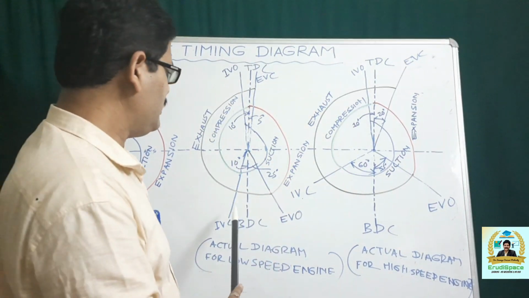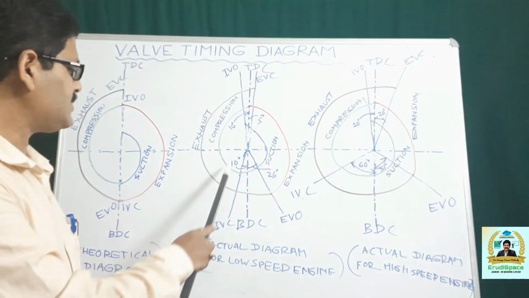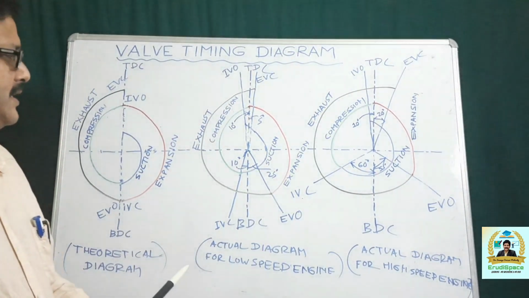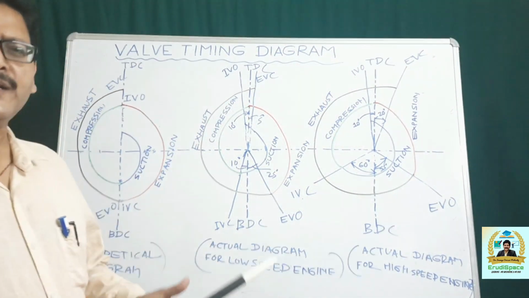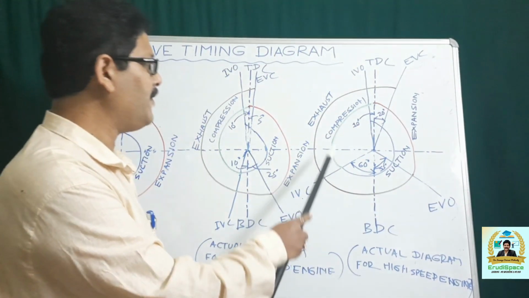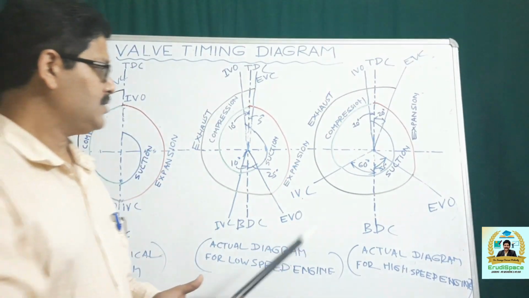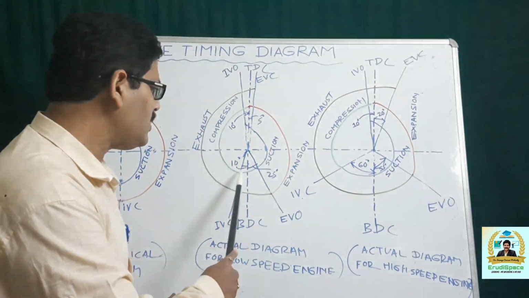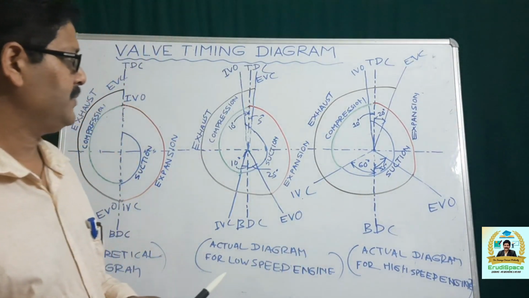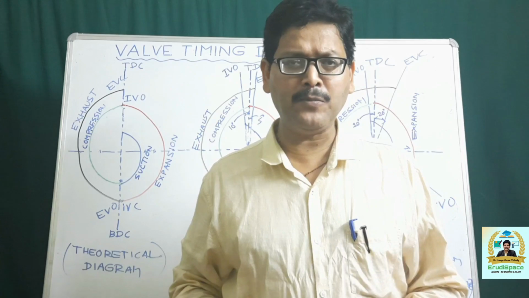In this case also, there are variations in angles, because in case of the low speed engine, the inertia is comparatively lower due to the low speed, whereas in case of high speed engine, the inertia will be higher. So for that reason, you can see the variation in angles. The same is true about the exhaust valve also.